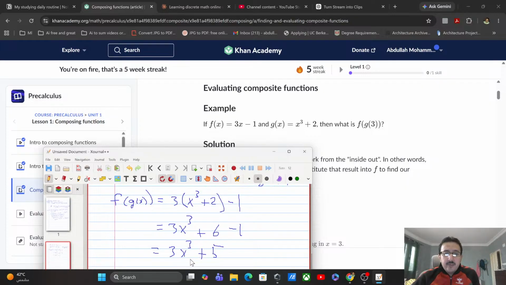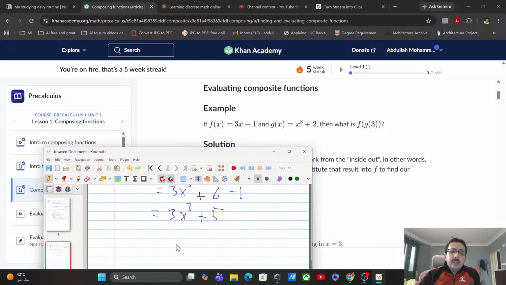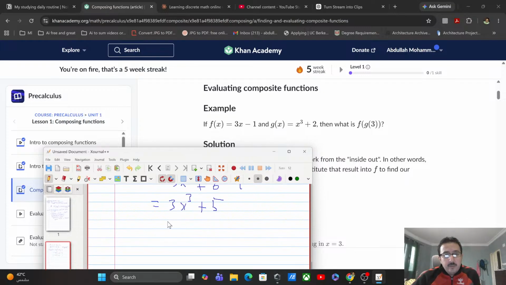By plugging the 3 here, it's going to be 3 times 3 cubed plus 5. So 3 cubed is equal to 27. So this is going to be 3 times 27 plus 5, multiplied by 3. It's going to be 81.